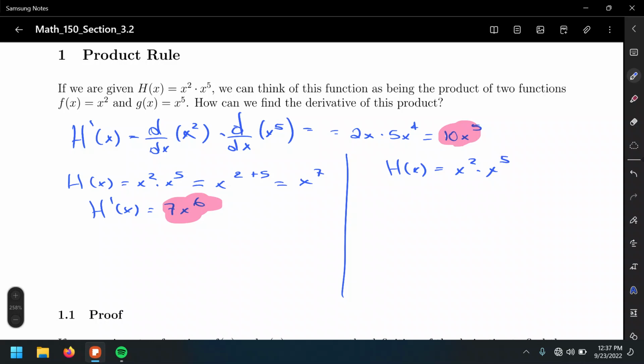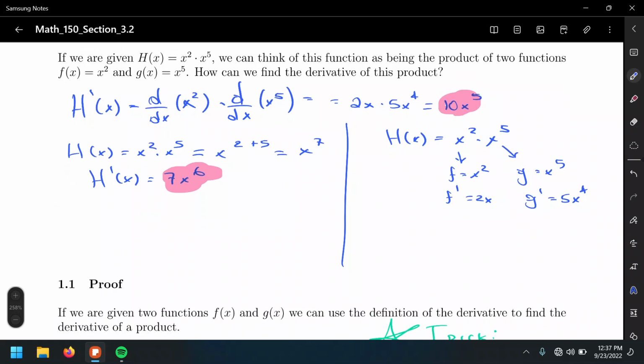However, let's verify the result using the product rule to find out why this is incorrect. So if f equals x squared, g equals x to the fifth, that means f prime equals 2x and g prime equals 5x to the fourth. So we have all the elements to actually use the product rule.